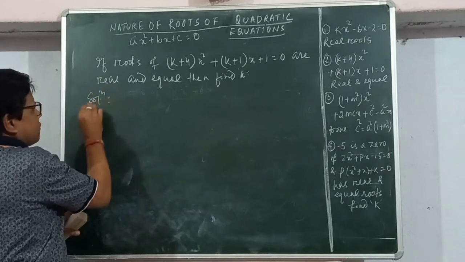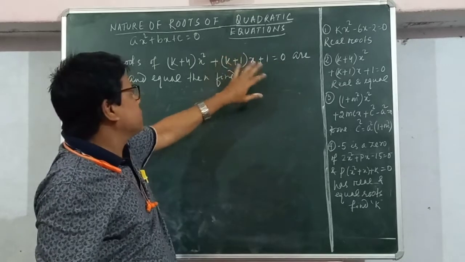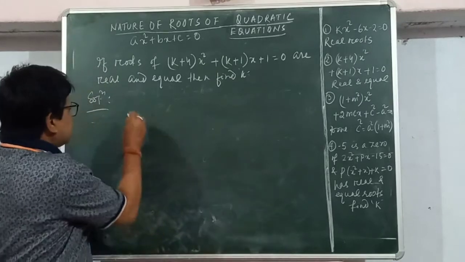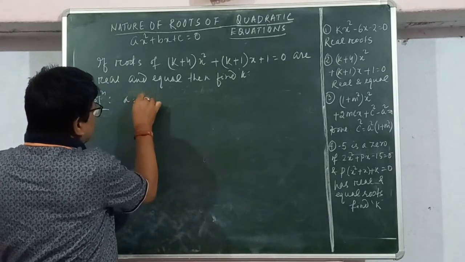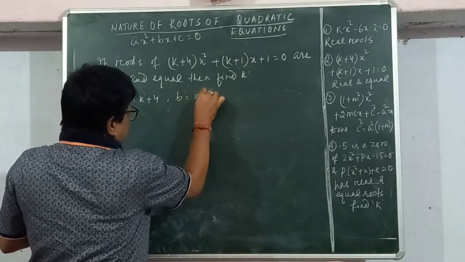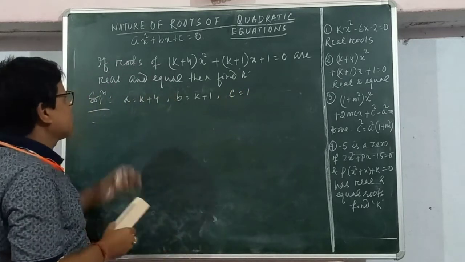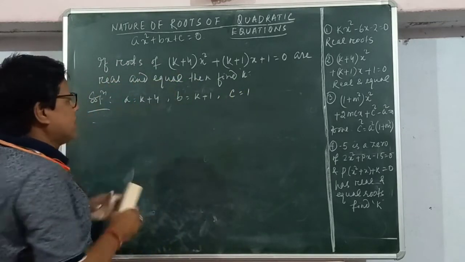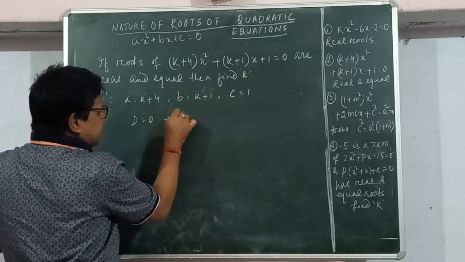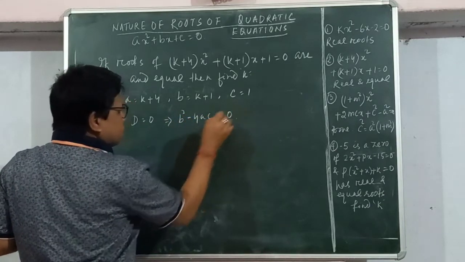Solution. First, this is the quadratic equation given. Compare it with the general form ax square plus bx plus c is equal to 0, so that a is equal to k plus 4, b is equal to k plus 1, c is equal to 1. As the roots are given as real and equal, according to the condition D is equal to 0, which implies b square minus 4ac is equal to 0.